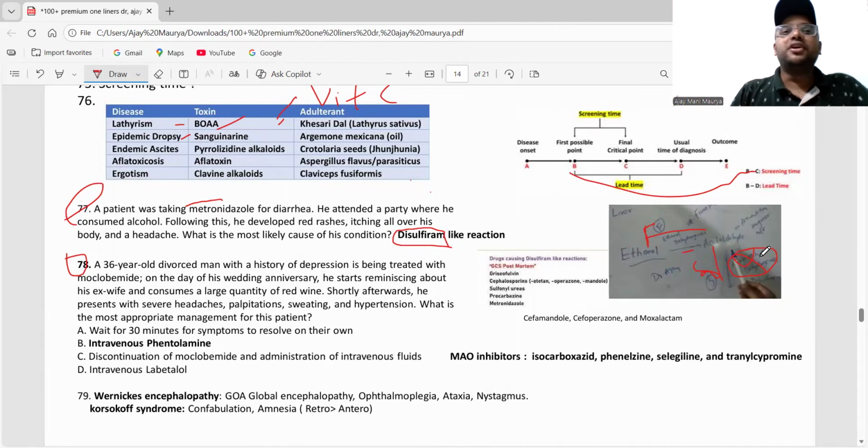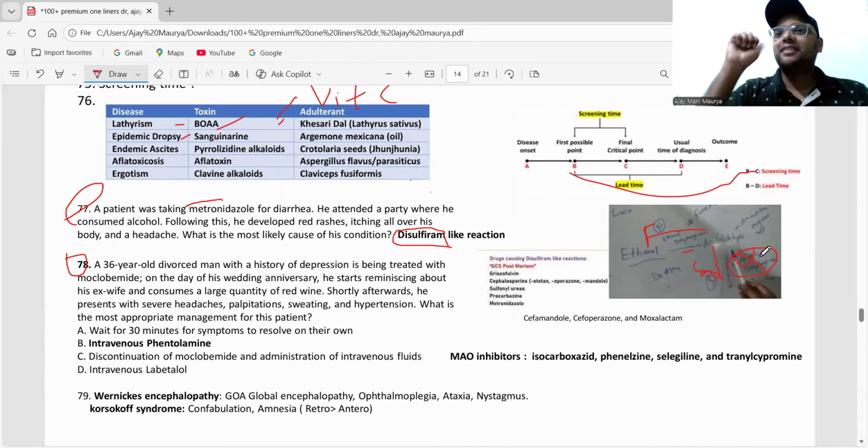Then the patient will get skin flushing, itching, body headache. He will get an unpleasant taste also. Because of this only. This is disulfiram.